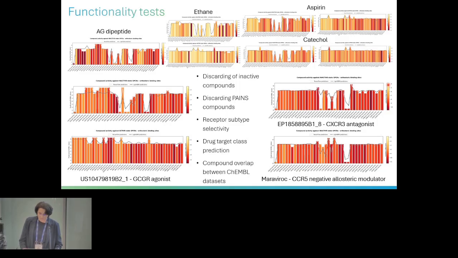Although both class A and class B receptors implemented in GPCRVS are peptide-binding GPCRs, it can accurately predict to which drug target class a tested compound belongs. What about failed predictions? They are mostly due to certain overlap between ligand datasets for each receptor in ChEMBL.